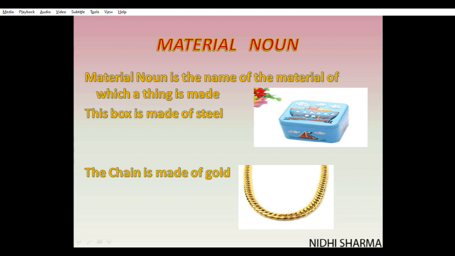This box is made of steel. So steel is a material noun here. The chain is made of gold. Gold is a material noun here. So a material noun is the name of a material of which a thing is made. So I hope you have understood the material noun now. Anything which is used as a material to make any product is a material noun.